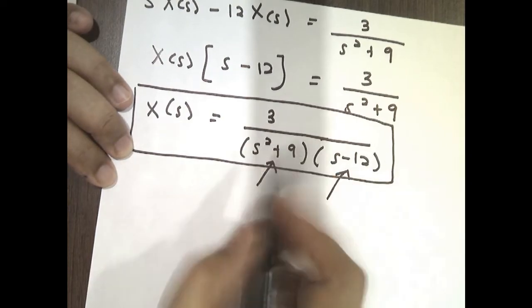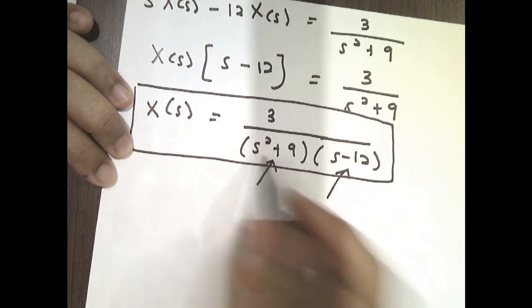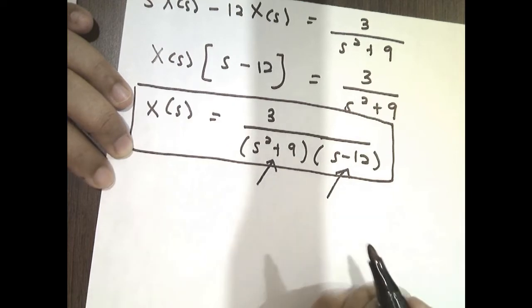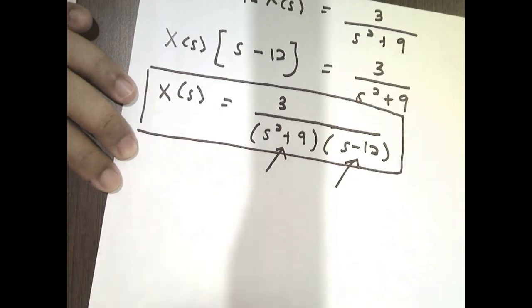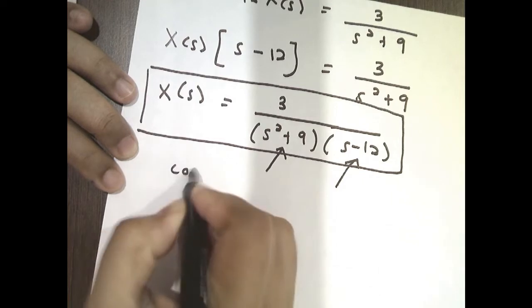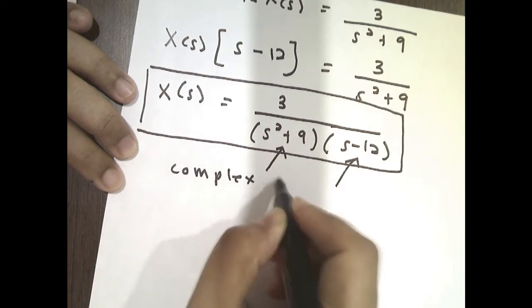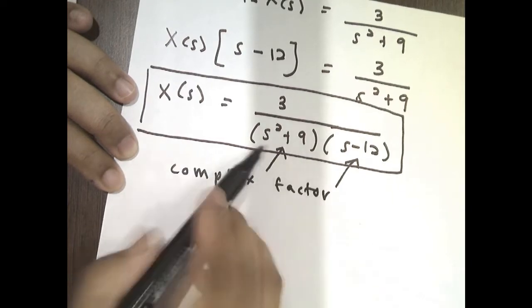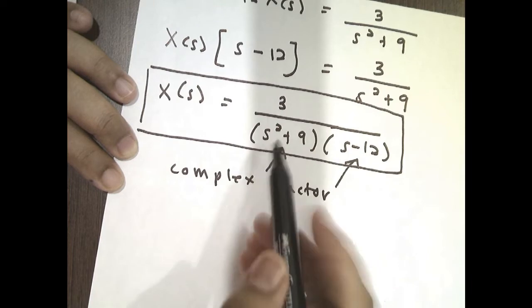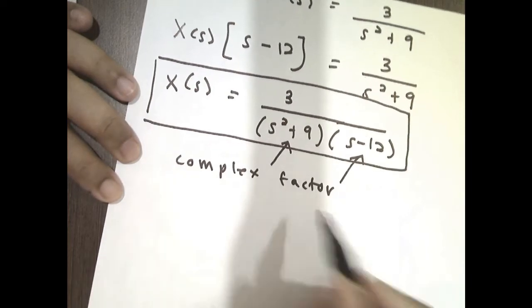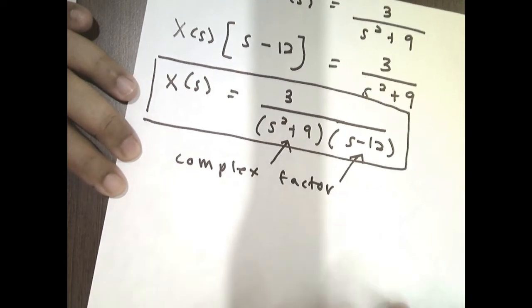But we have s squared plus 9 here, which is a second-order denominator. So please recall the complex factor. If you look at s squared plus 9, you cannot factorize it, right? So you need to follow the complex factor equation.